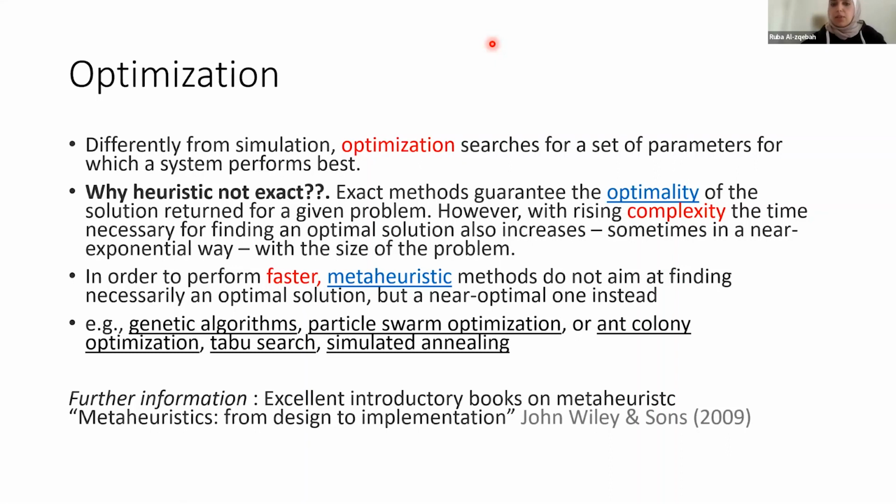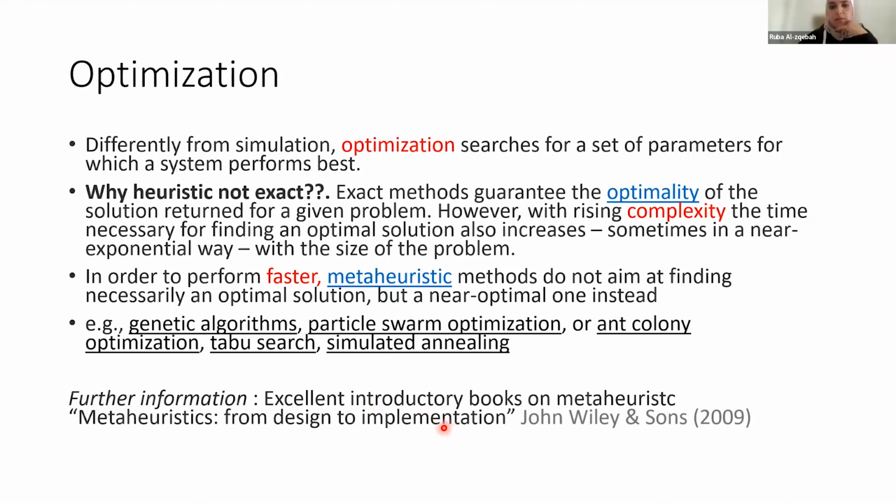Examples of these heuristic methods are genetic algorithm, particle swarm optimization, ant colony optimization, tabu search, and simulated annealing. I put a reference here for anyone interested in these heuristic algorithms.